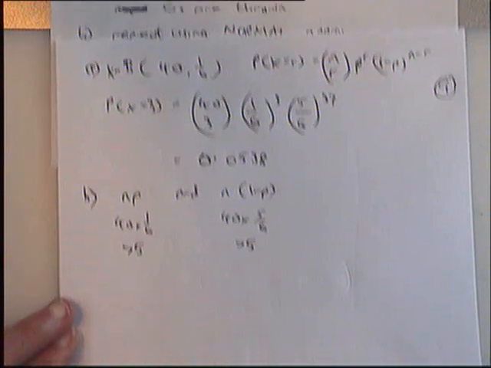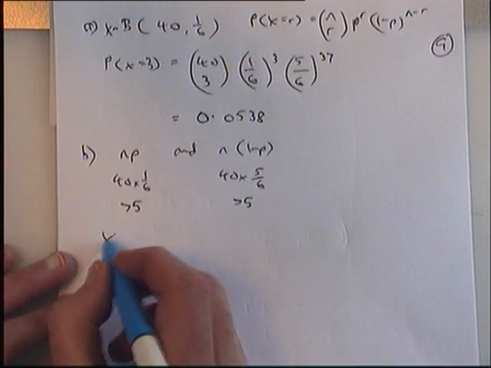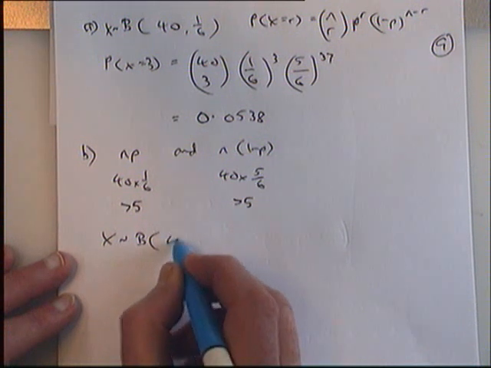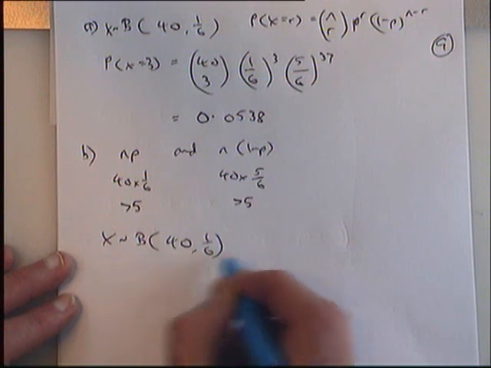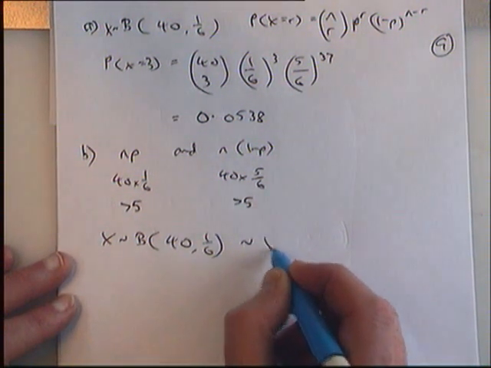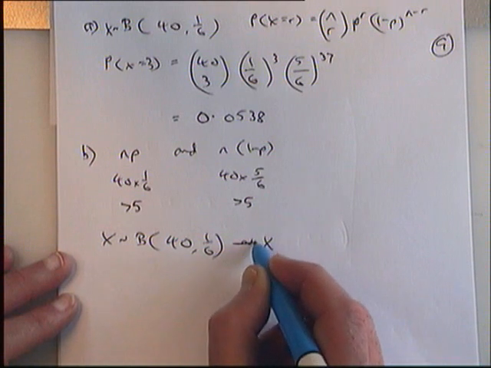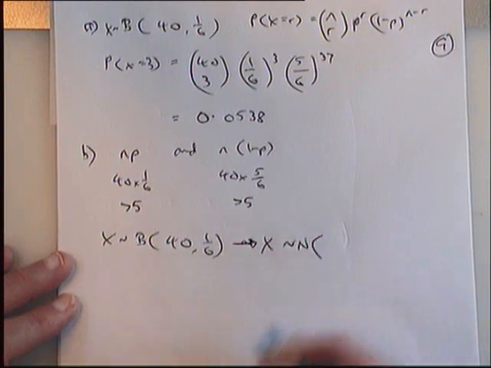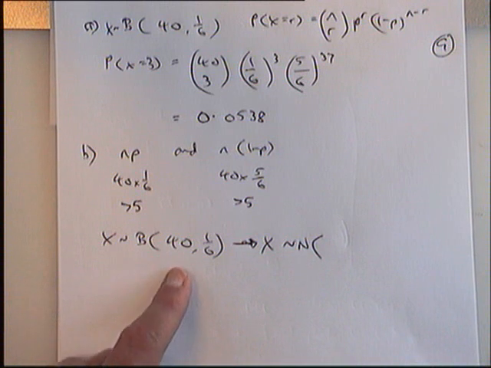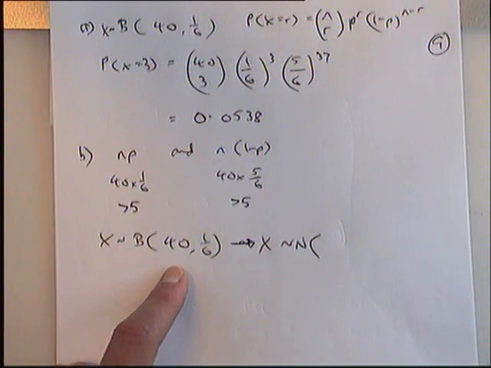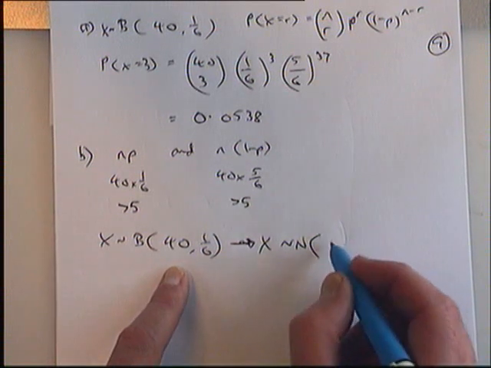So because those two conditions are met, that means that our x, which was binomial(40, 1/6), can be approximated by the normal distribution, with mean n times p. So now I need to know exactly what n times p is. 40 times 1/6. What's 40 times 1/6? Well, 6.6 recurring.